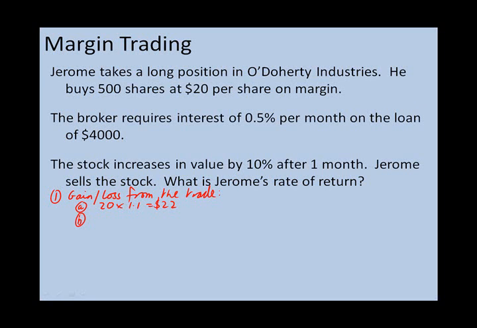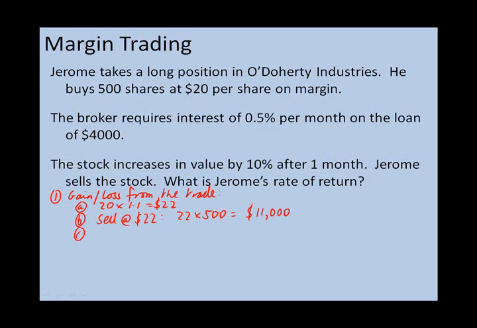If Jerome sold at $22, how much money did he get from selling at $22? Well, he got 22 times the 500 shares, which equals $11,000. Now he has to pay back the brokerage. So he has to give back the $4,000 that he borrowed from the brokerage.